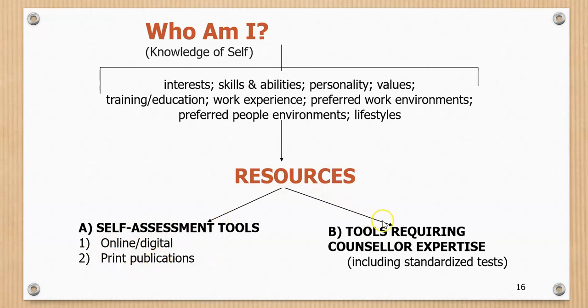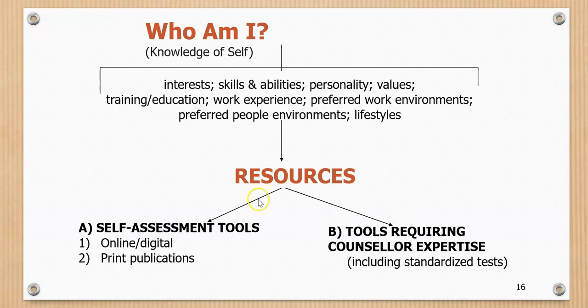There are some tools out there that are called Level B, and those require counselor expertise. That includes standardized tests. These are the types of things that you need to have specific training for in order to administer and interpret them. So there are some tools that you can take specialized training in. Some of them might include, for example, the COP system and the Personality Dimensions tool.